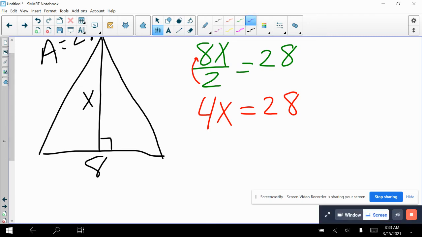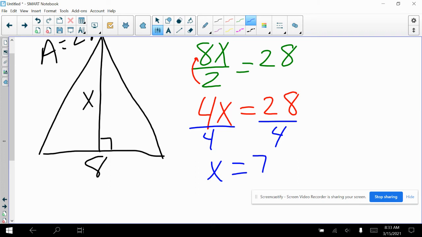Now we have a multiplication equation, which means that we're going to divide. How many 4s go into 28? That would be 7.